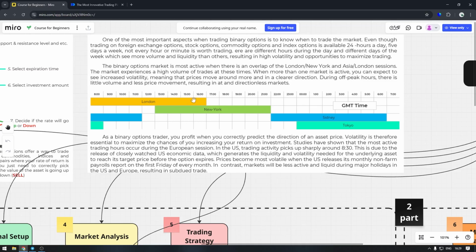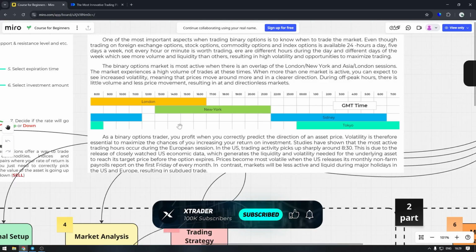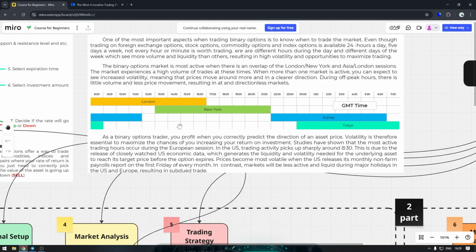Then we see the European session, 0700 to 1600 GMT. Main assets: Euro, US dollar, Great Britain pound, Japanese yen, European indices. This session has really high volatility and trending movements, and I suggest using level breakouts and trend strategies.